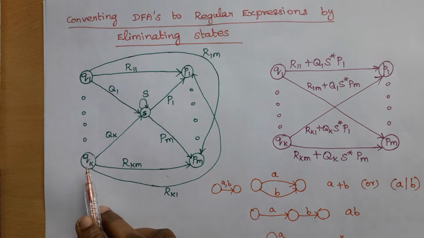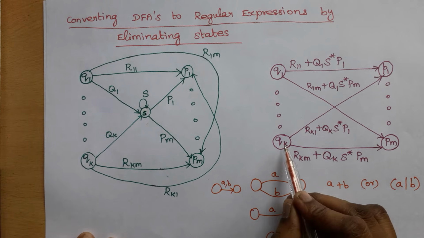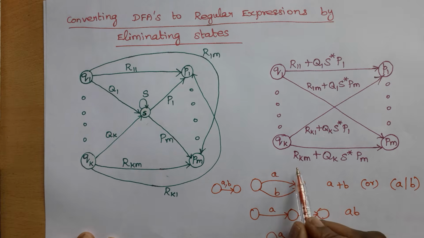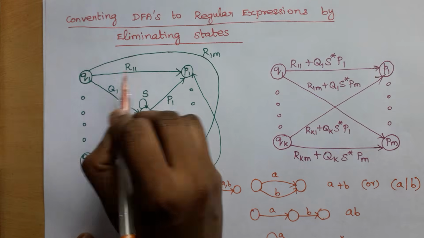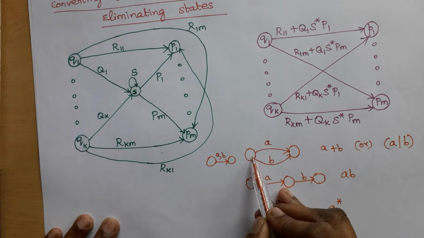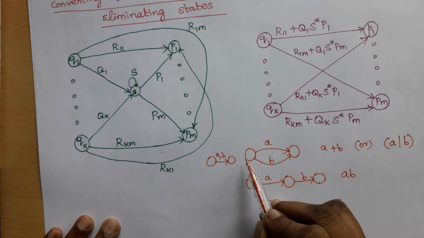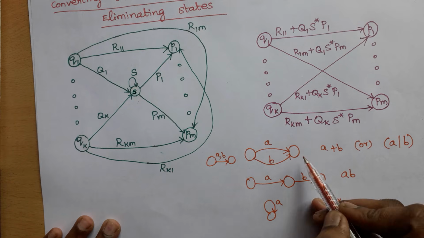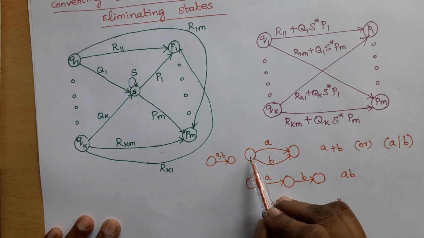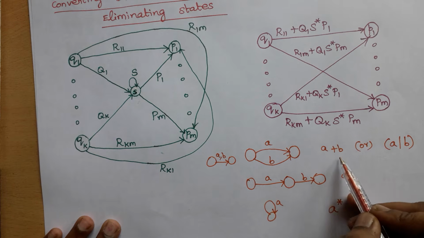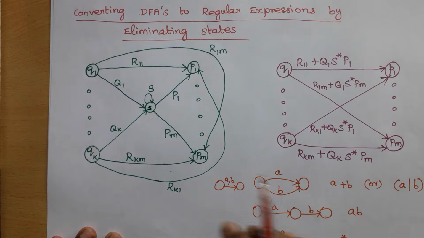Similarly, the edge from Qk to Pm is labeled by RKM plus, because there are two paths, this path as well as this path. Two paths from the same start state to the same next state means we have to write plus.